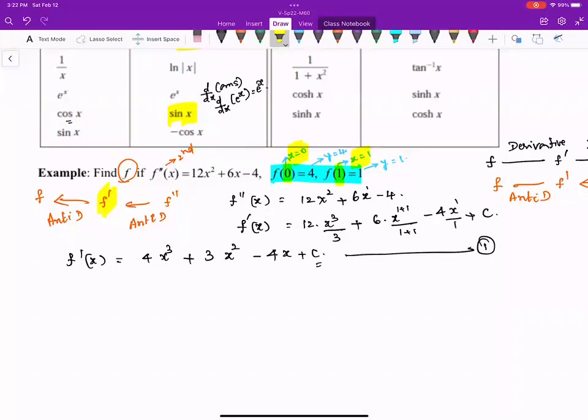Now we will do one more antiderivative. We are taking the antiderivative of f prime, which will be f of x.